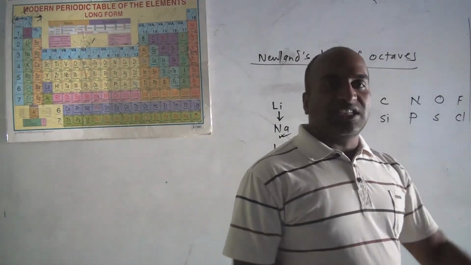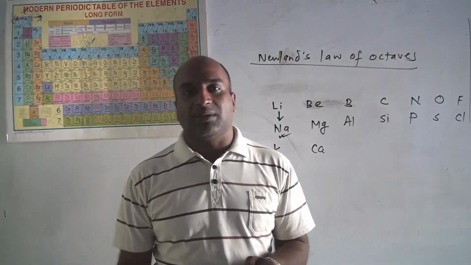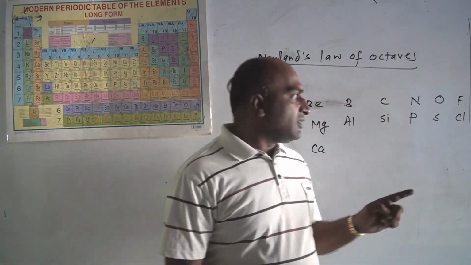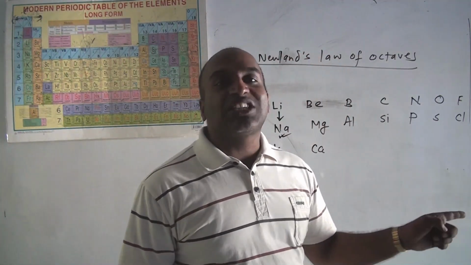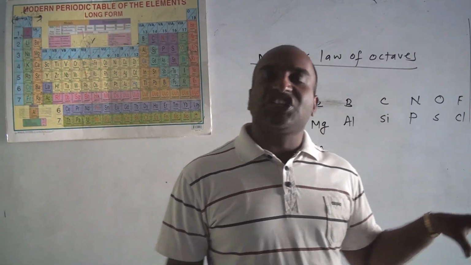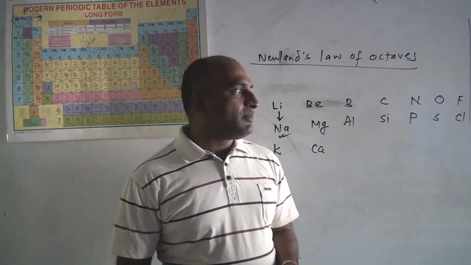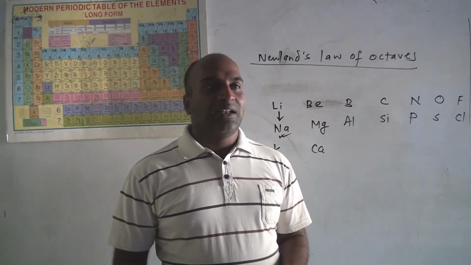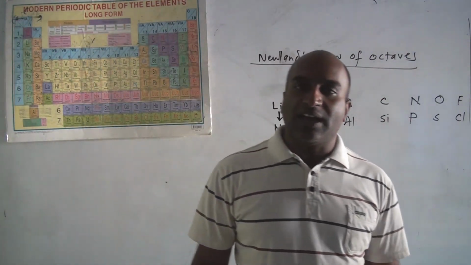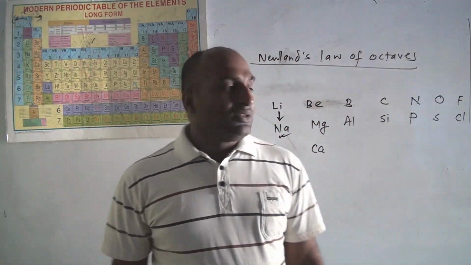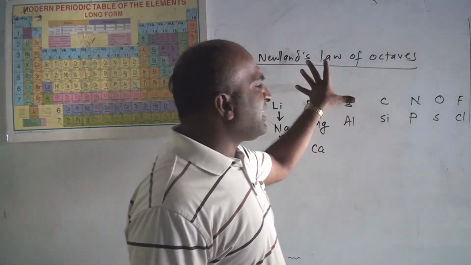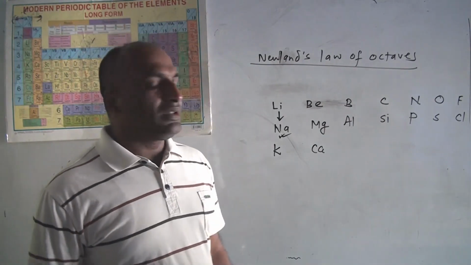Only 63 elements were discovered then. The positions of isotopes, hydrogen, lanthanides and actinides were not given. There were many demerits in the periodic table.